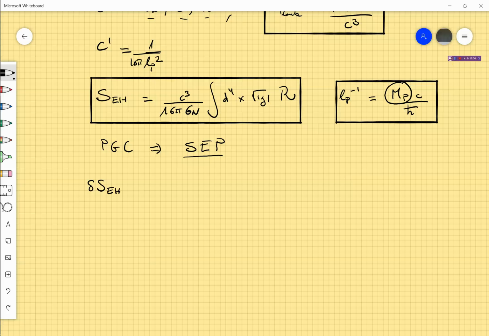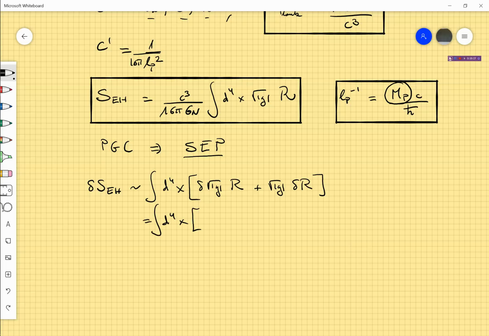We want to vary this Einstein-Hilbert action. We don't care very much about the proportionality constant now. And now this variation is a variation of the fields with the standard boundary conditions and so on, and only contains these two terms. The first term we know what it is.